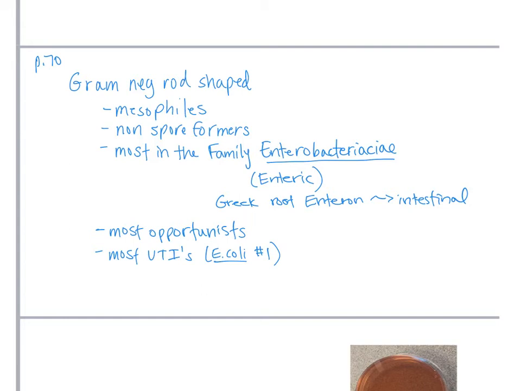Think about it. If all these organisms are normal microbiota in the large intestine, that means they are going to make up part of our feces, and especially if somebody wipes back to front instead of front to back, that's going to give just a perfect opportunity for that urinary tract infection.